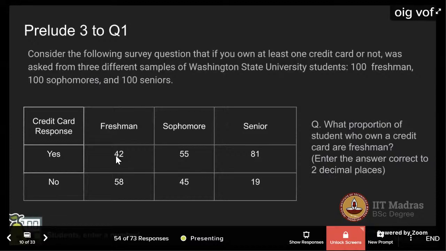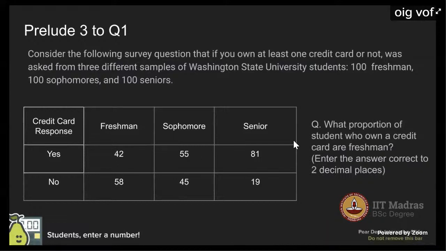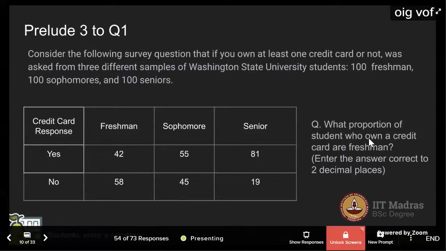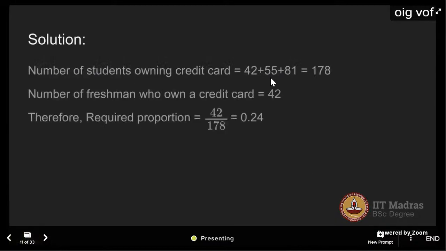It is not the total number of freshman students. No, it's mentioning who own a credit card. So owning a credit card is the first row, and of those freshmen are only 42. Okay, so students owning a credit card are 178. Of those, 42 are freshmen. So the proportion is this.